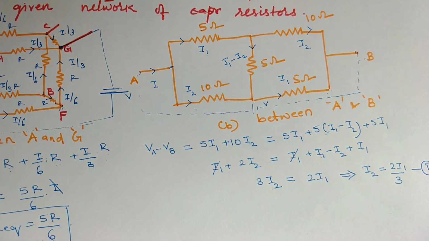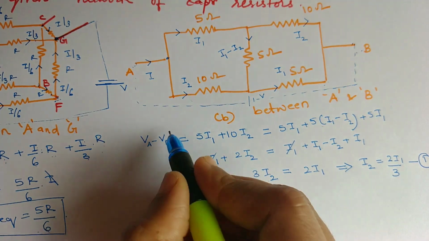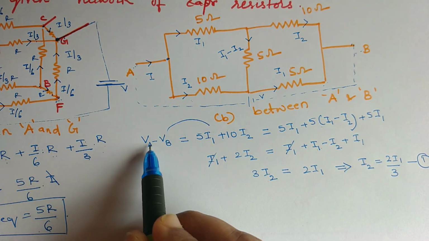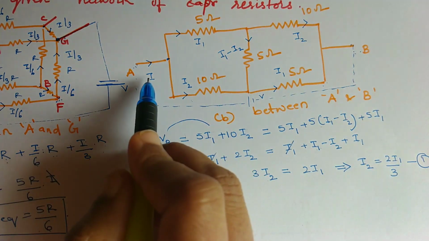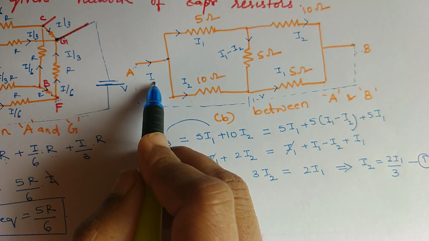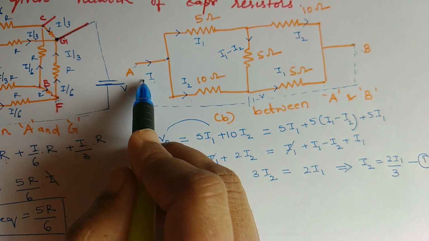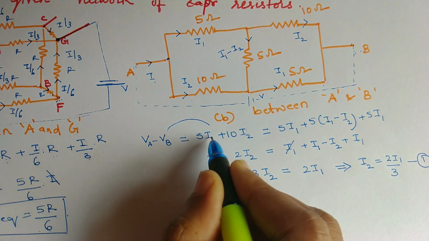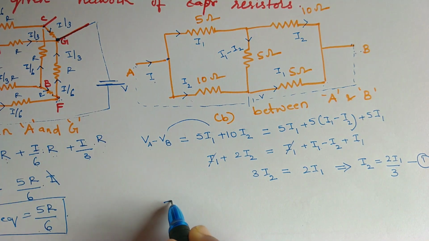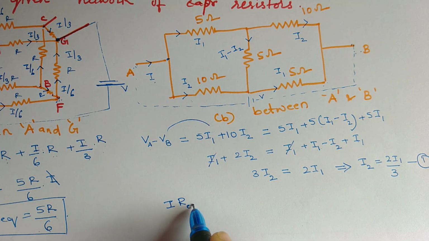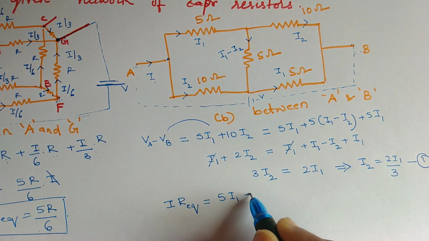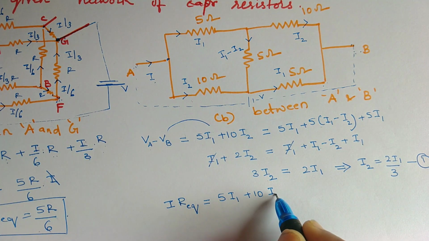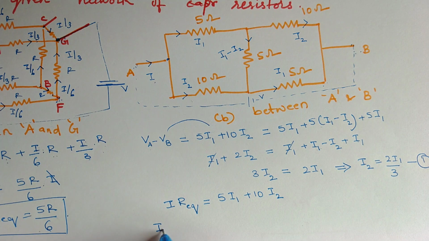Now once you get the relation between I1 and I2, equate these two. Can we write the potential difference between the points A and B as the total current it supplied into its resistance? I am equating these two. VAB, I am writing it as I into R equivalent, which should be 5I1 plus 10I2. And we know I is nothing but I1 plus I2.